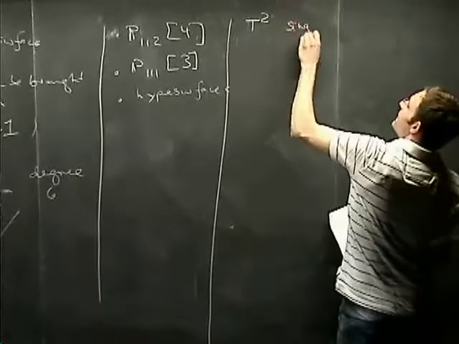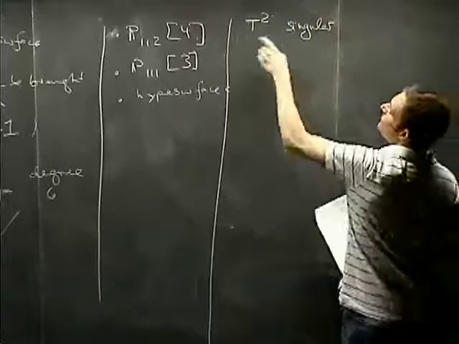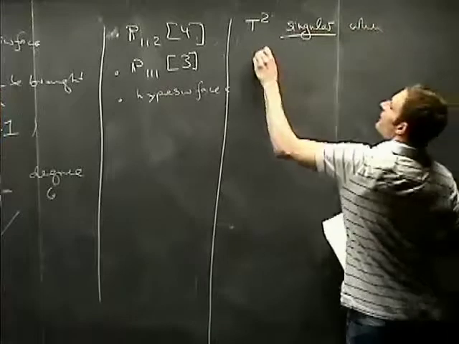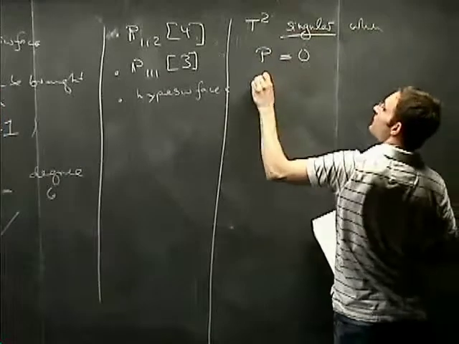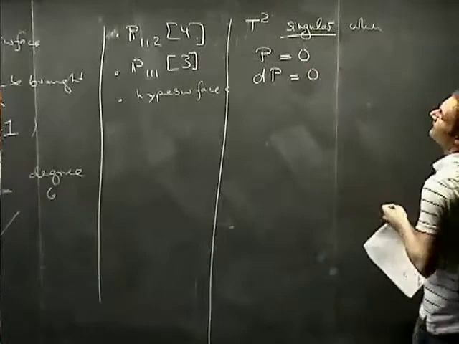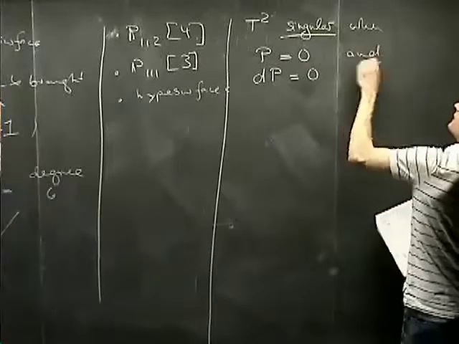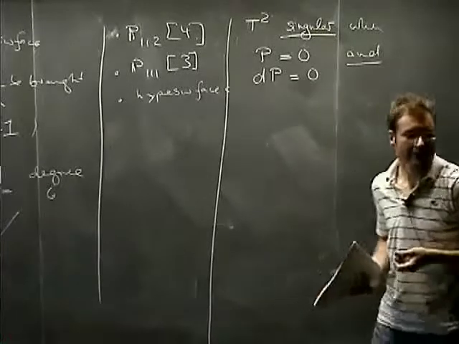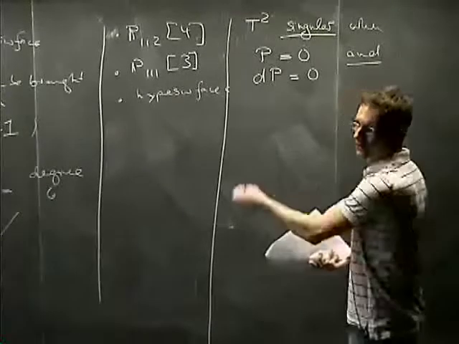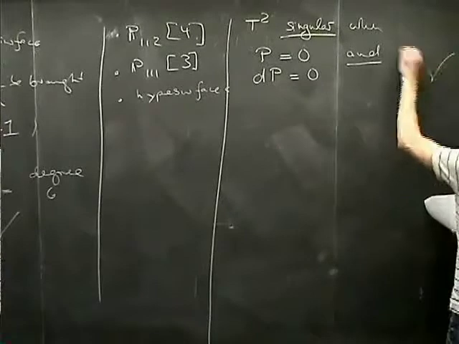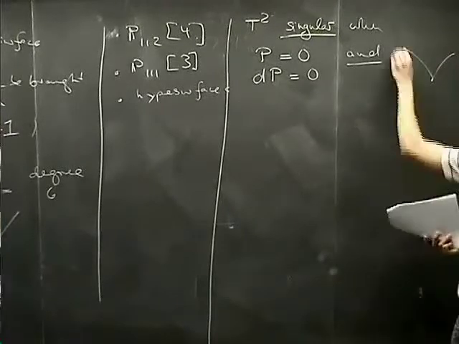A mathematical theorem says that a T2 or any hypersurface becomes singular when at the same time p equals 0 and the gradient dp equals 0. In this case the tangent space to the curve or to the manifold cannot be well defined. We're having situations like this where we have singularities.